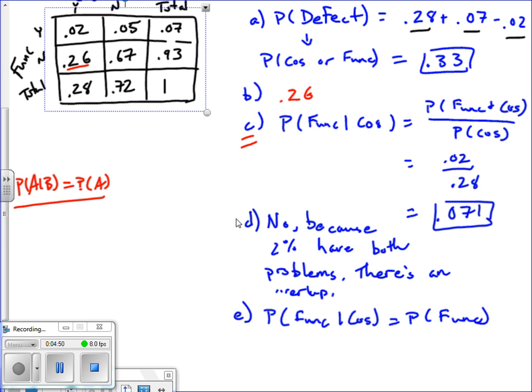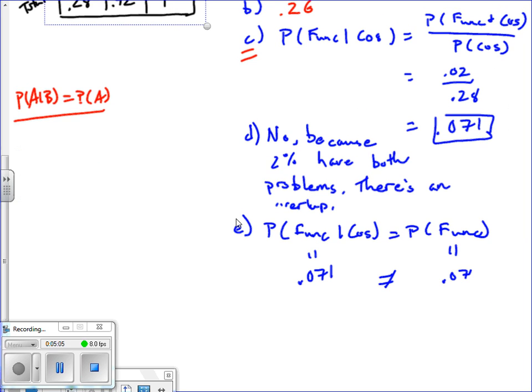So as we saw before in part C, this probability is 0.071, and then the probability that we get a functional defect is 0.07, and although these are very, very close, they're still not equal, which means these two things are not independent.